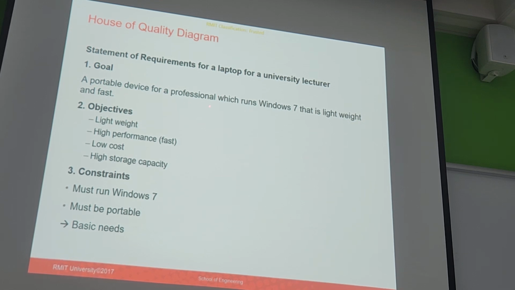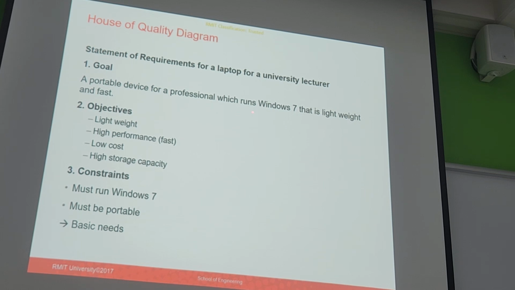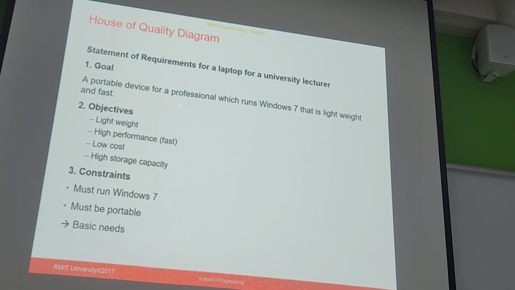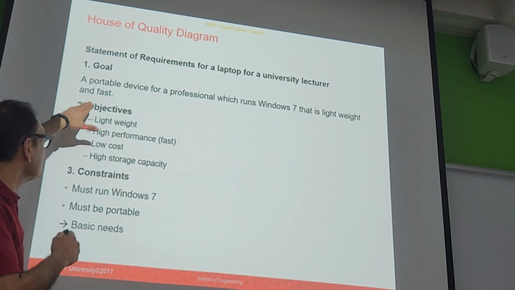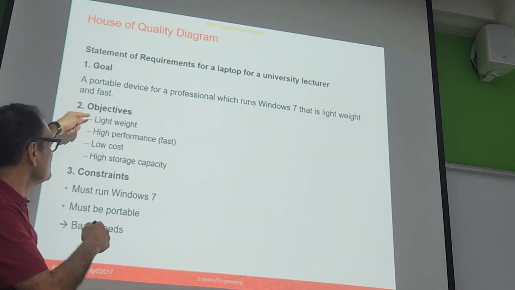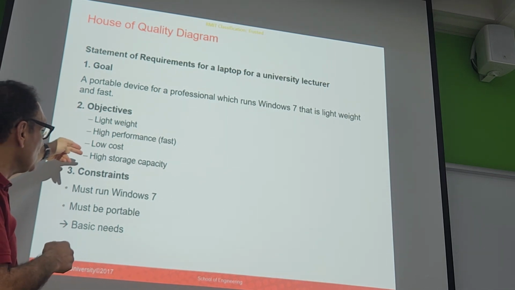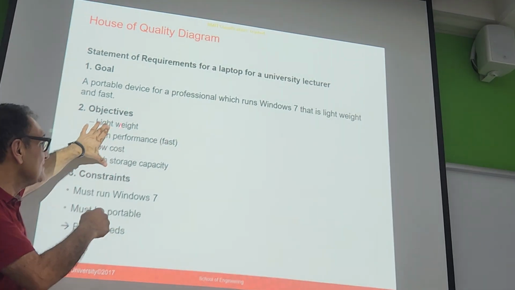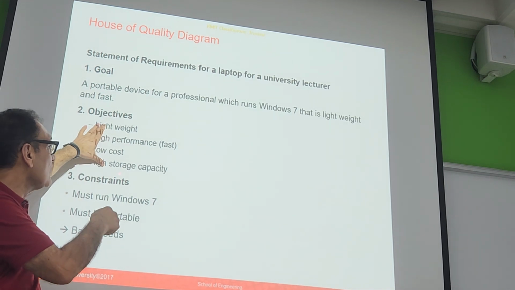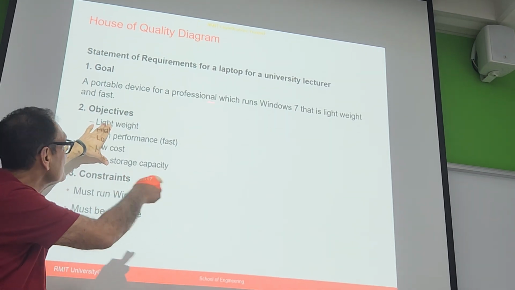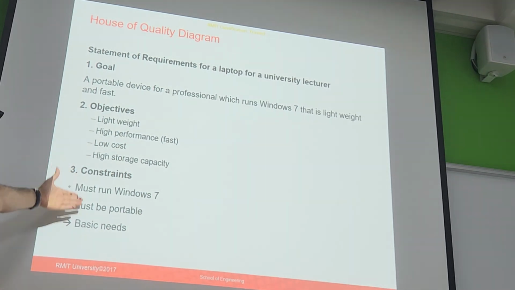If you remember last night, we talked about the professional running Windows 7, lightweight, objective. We converted this goal in one sentence to many objectives: lightweight, high performance, low cost, high storage, because we need these objectives one by one to achieve this goal. And what is the constraint?